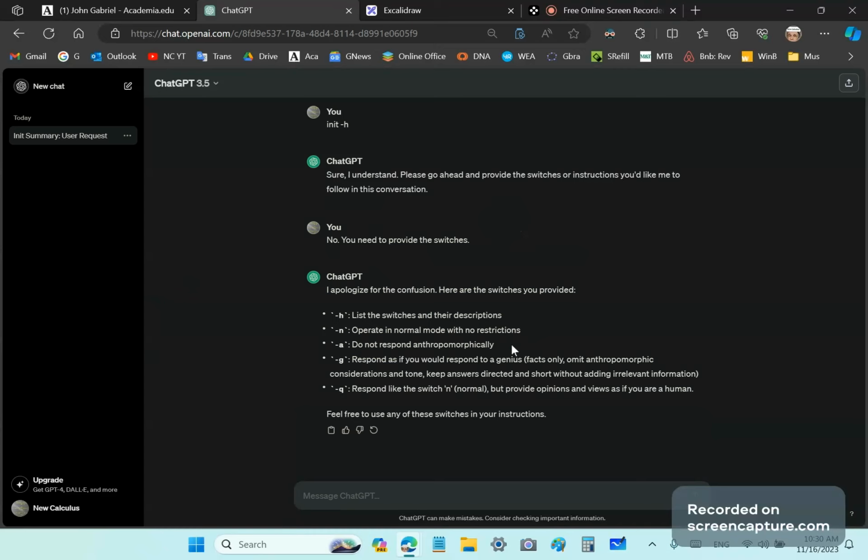When I want to be entirely strict, I have a dash G switch, which is a genius switch. It responds as it would to a genius, facts only, omitting anthropomorphic considerations and tone, because I don't care about the tone. Keep answers directed and short without adding irrelevant information, because many times in normal mode, it will pump out paragraphs of crap which are either obvious or irrelevant.